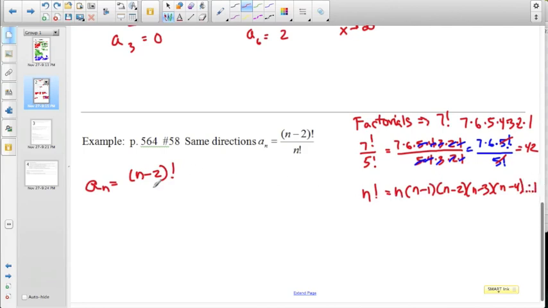And so if we look at this, then n factorial is bigger than n minus 2 factorial, since this is, you know, the value n with 2 taken away. And so we're going to leave the smaller value unchanged, and we're going to rewrite the bigger value like this. And so we're going to use the approach that we used over here, where I can write the bigger factorial as 7 times 6 times really 5 factorial.